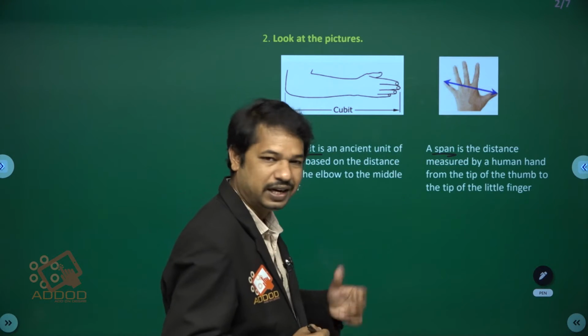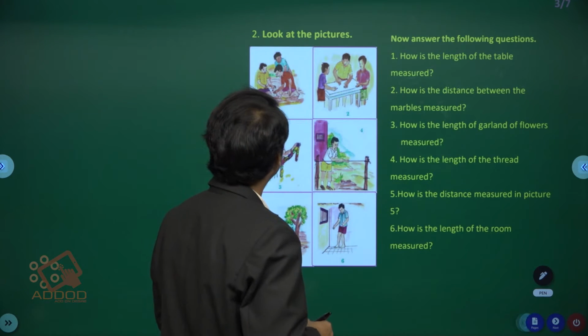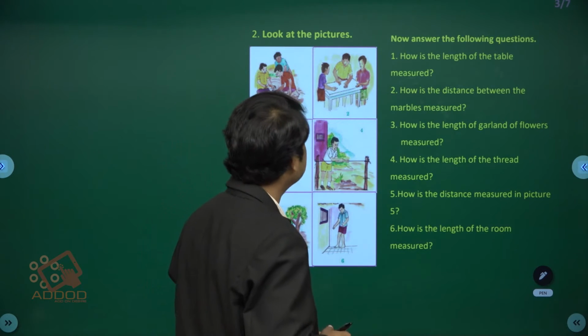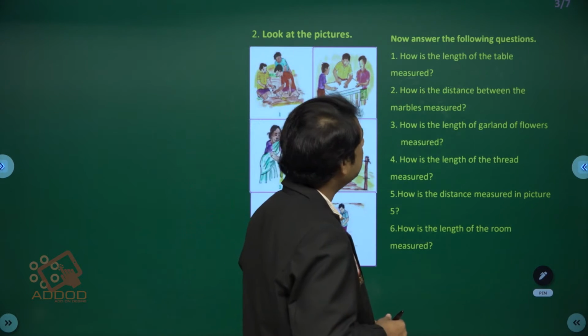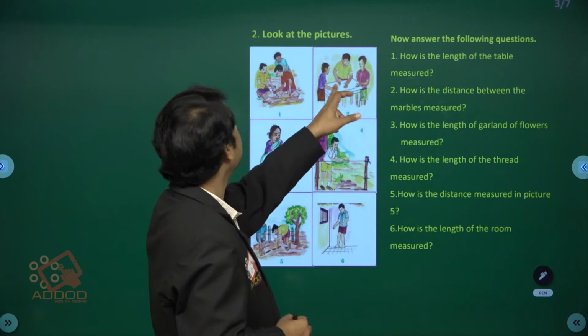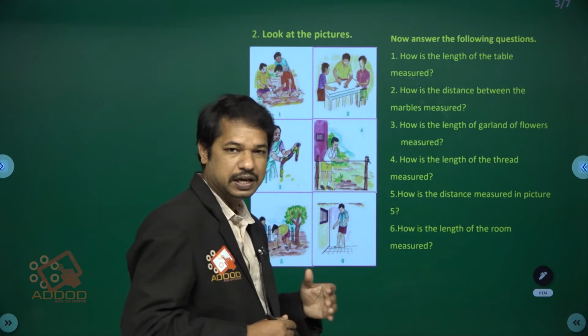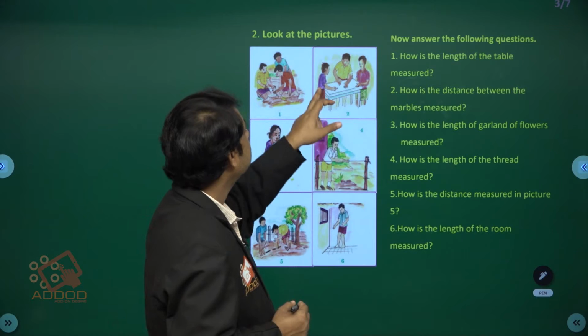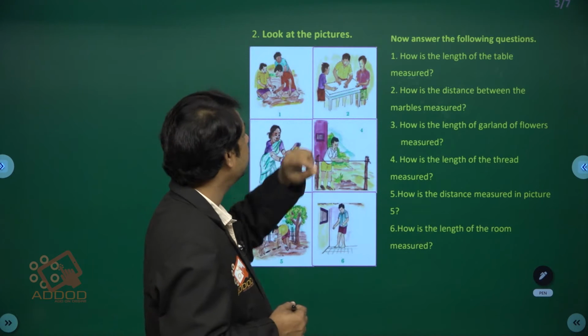Okay, let's go to the lesson. See children, look at the pictures. There are 6 pictures. How is the length of the table measured? See children, these boys are measuring this table.